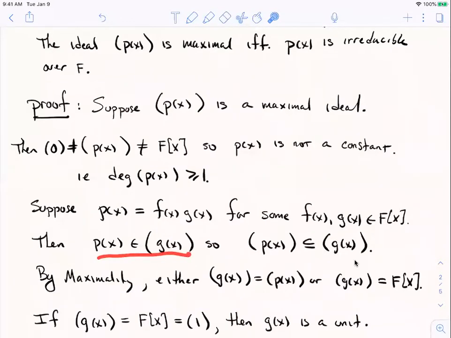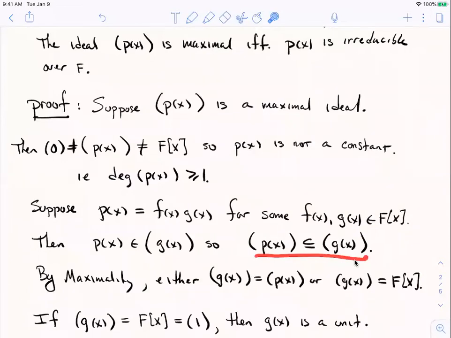And because the ideal generated by g is an ideal, if p belongs to it, then any multiple of p will belong to it, okay? So the entire ideal generated by p belongs to this ideal generated by g. I could have picked f here too. I'm just picking on one of the two, all right? So good. If p is this product, then the ideal it generates is contained in the ideal generated by one of the factors.